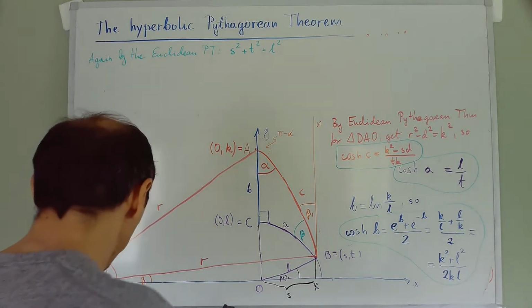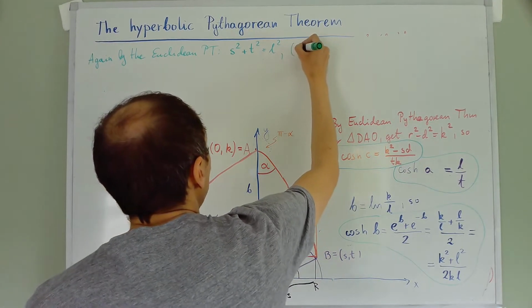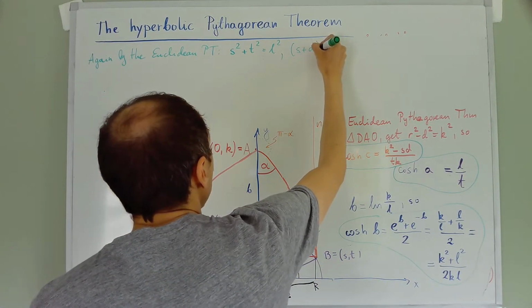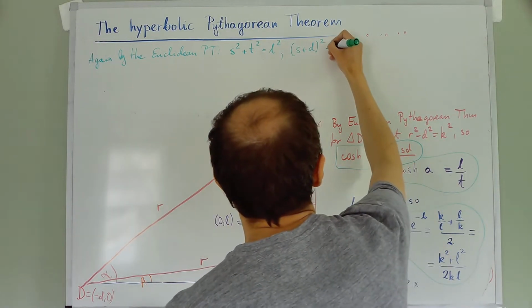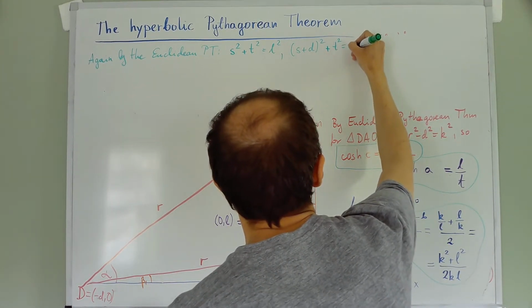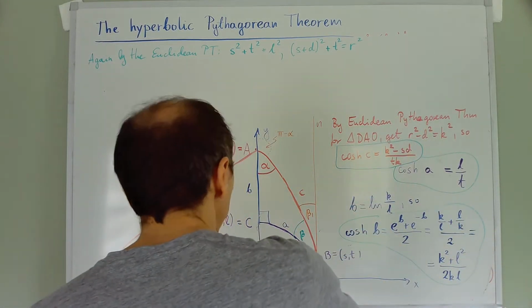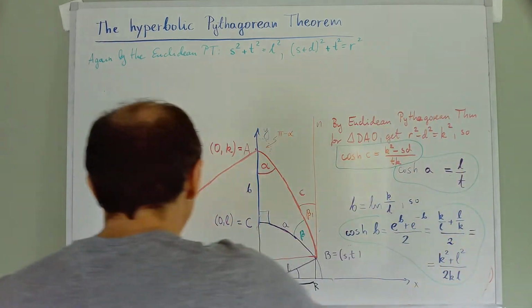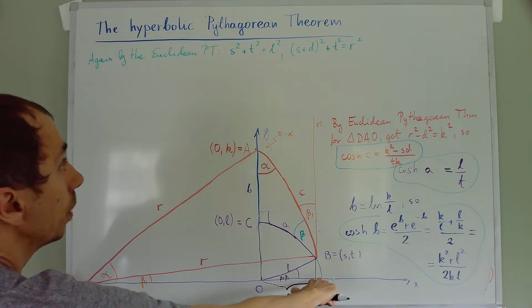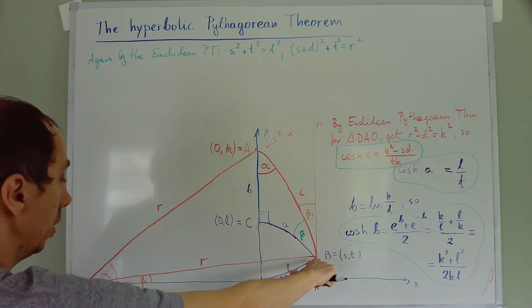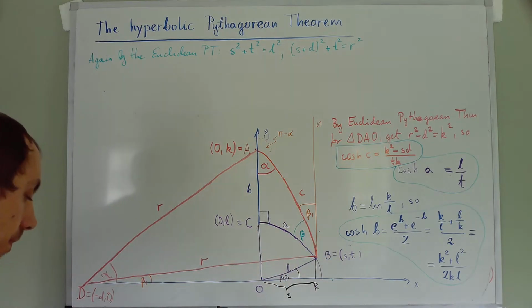Nothing strange there. And we get s plus d squared plus t squared is equal to r squared. S plus d, that's this big thing, plus t squared, so that's this little one, is equal to r squared.